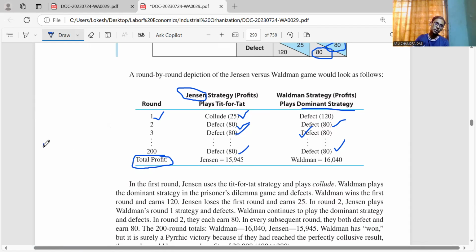In the first round, Janson has earned 25. So we write 25 plus, since there are 200 rounds and the first round has already been played, we can exclude it, and the remaining rounds are 199.